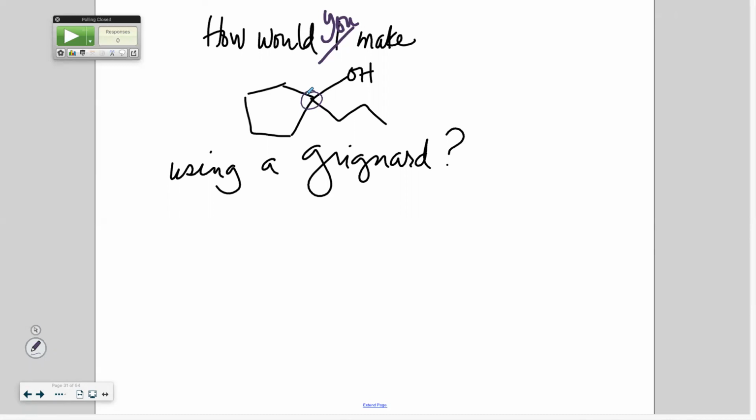So what is my carbonyl compound going to have to be? Is it going to be an aldehyde? What kind of alcohol is that?